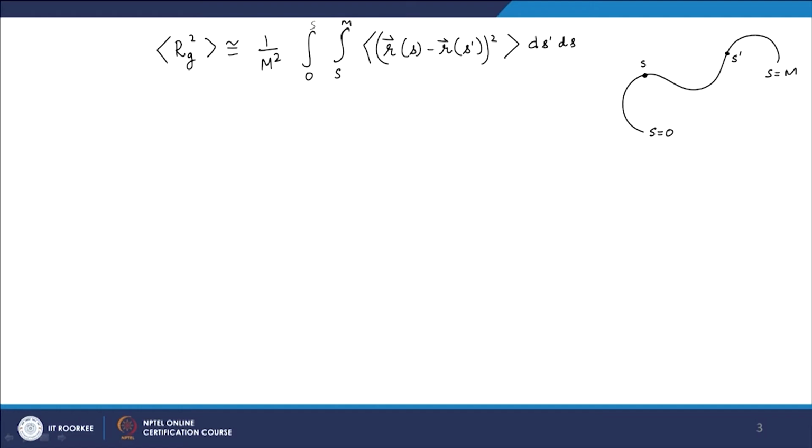Now, for the ideal chain, that we have already discussed earlier, we know that the Rg square is proportional to the number of segments.